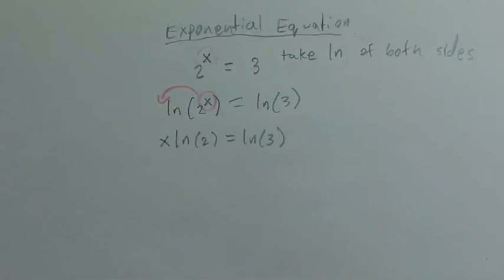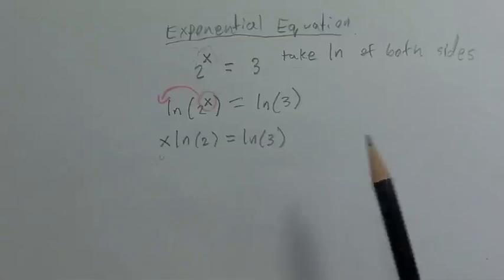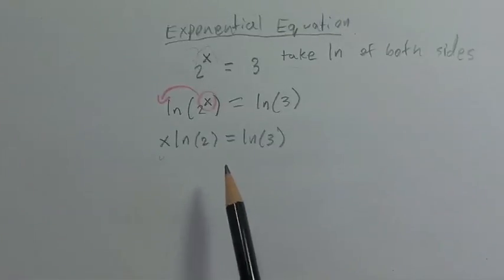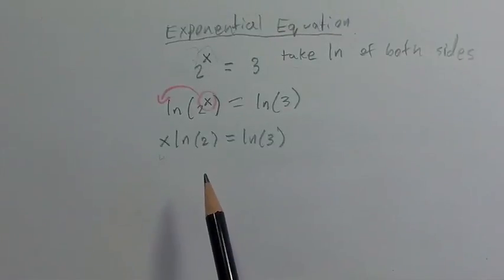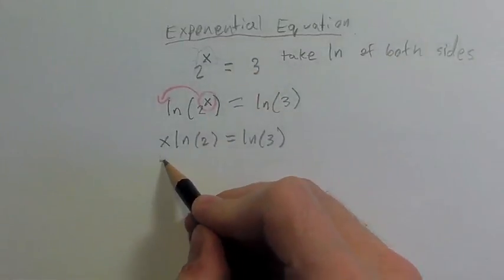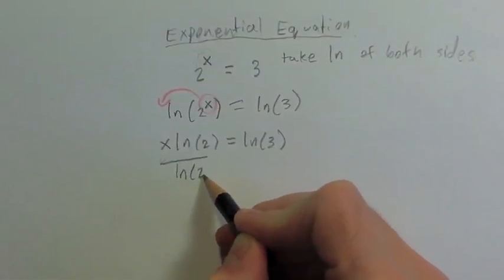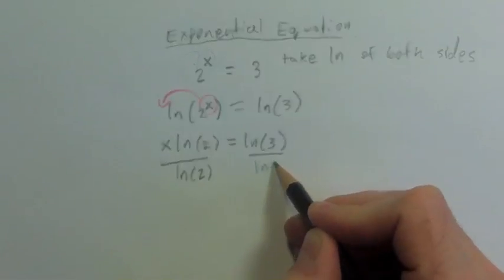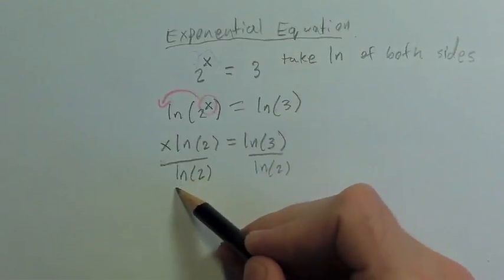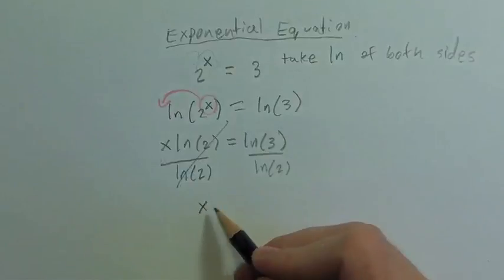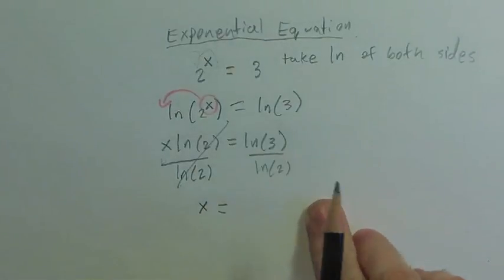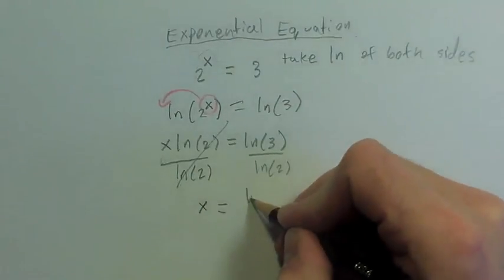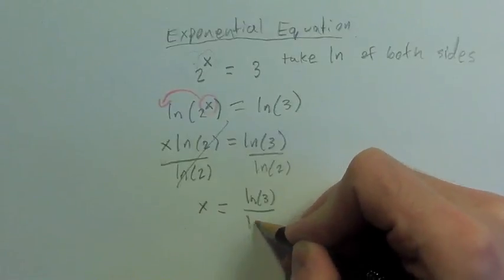I have x times natural log of 2. Well, this is just some constant. Off the top of my head, I'm not sure what it is, but I know it's just a constant. So all I'm going to do to solve for x is divide both sides by natural log of 2, so that these cancel. I get x is equal to natural log of 3 over natural log of 2.